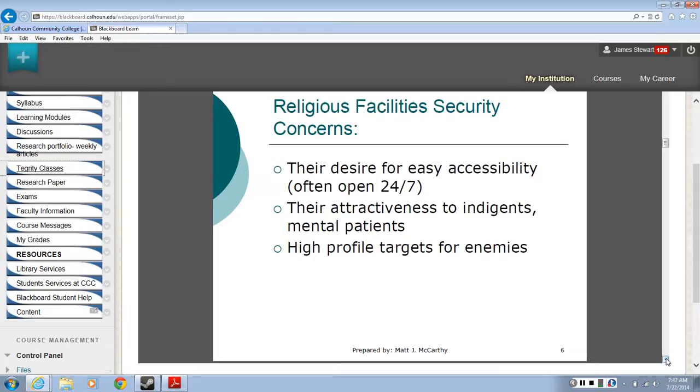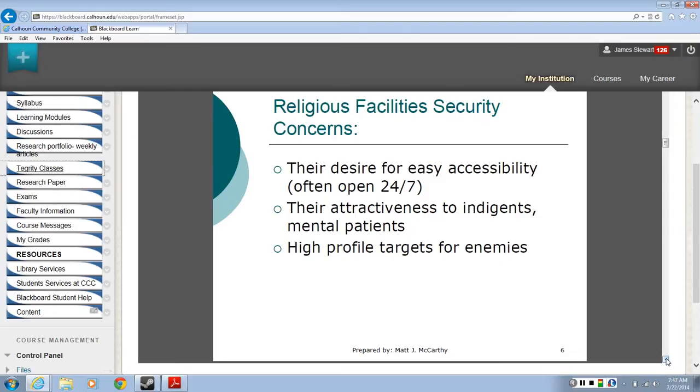If you're Christian, we should help all of those who cannot help themselves. And when you do attract all of those people who may not be honest, they may not be fine, upstanding citizens, then some of them do think about ways in which they can defraud the church, or steal from the church. It is a high-profile target for enemies of the church as well.